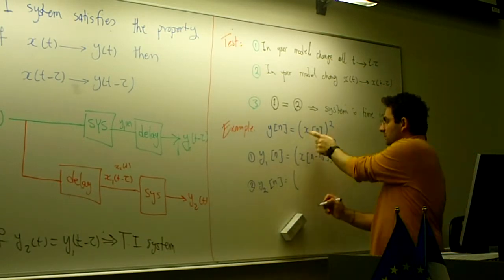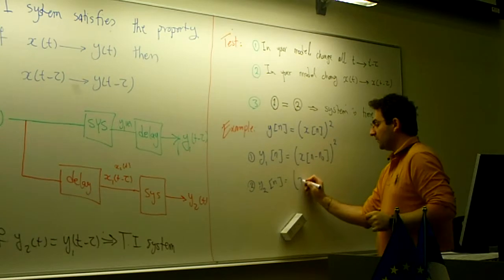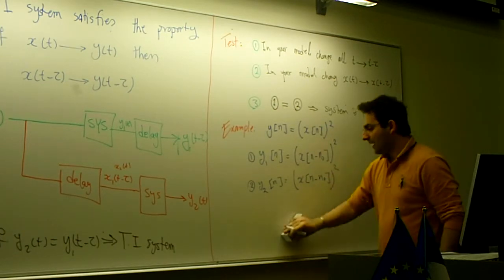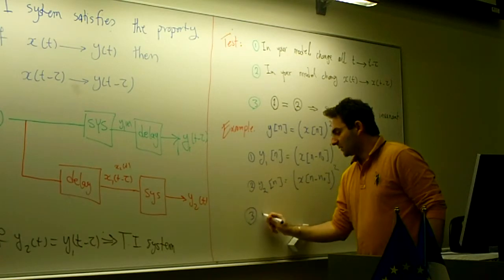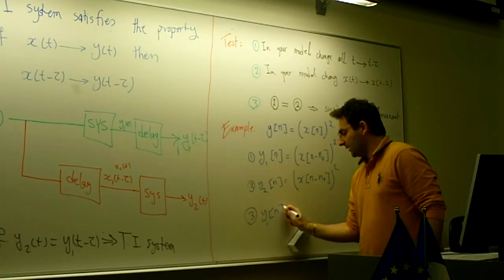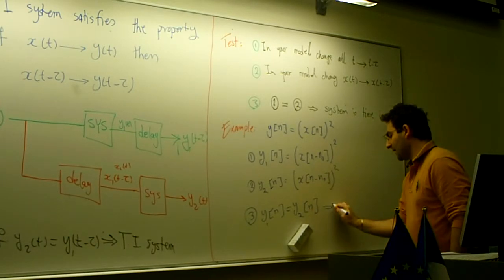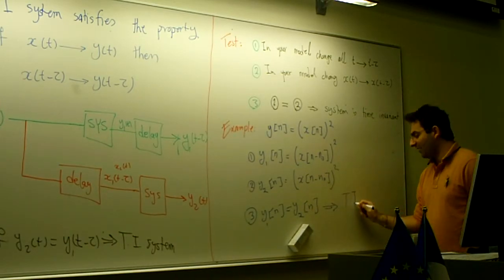So this is my x[n] in the model, so I put x[n minus n0]. And step 3, as you can see, y1[n] is equal to y2[n]. So easily we get that this is a time invariant system.